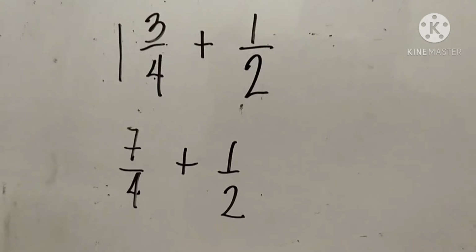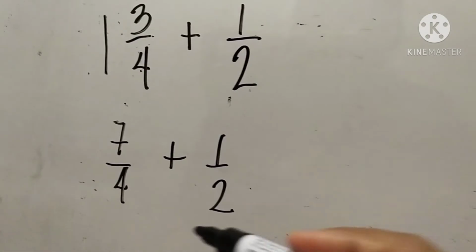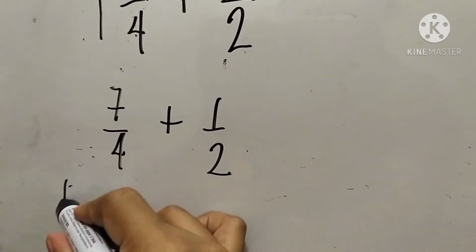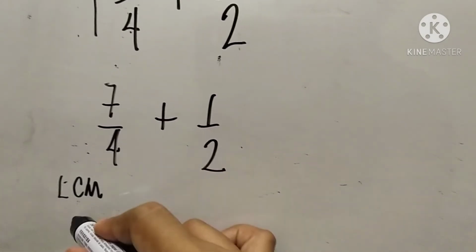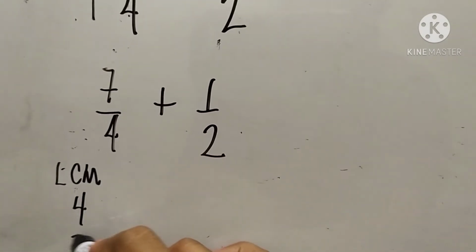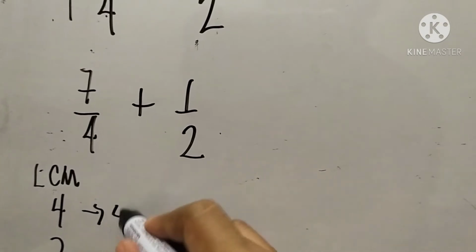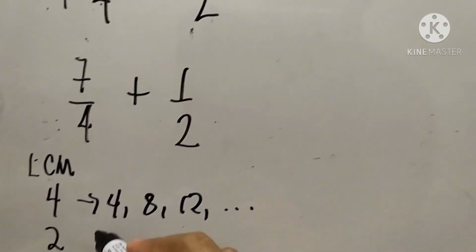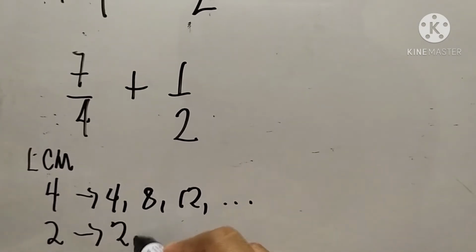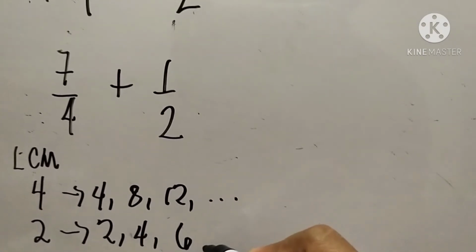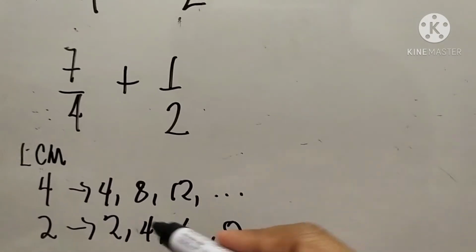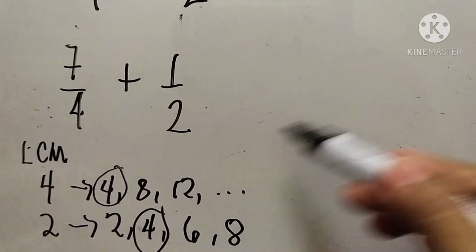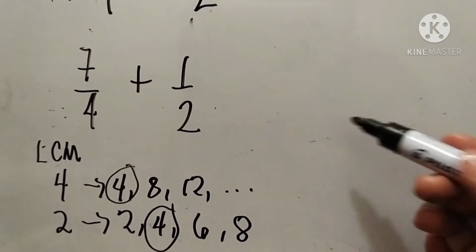Get the least common multiple of 4 and 2. So we have 4, 8, 12, and so on. Then here we have 2, 4, 6, 8. So the least is 4.